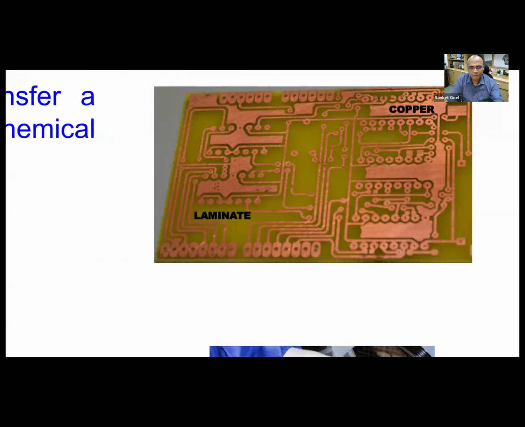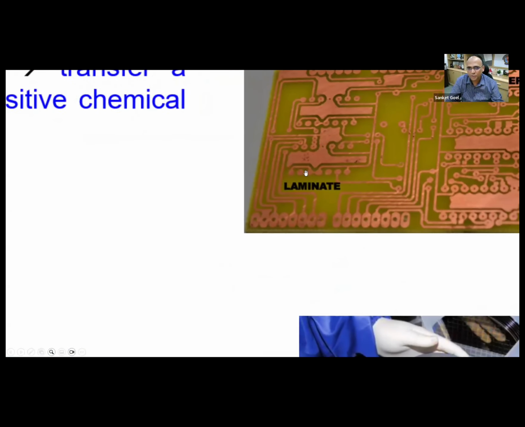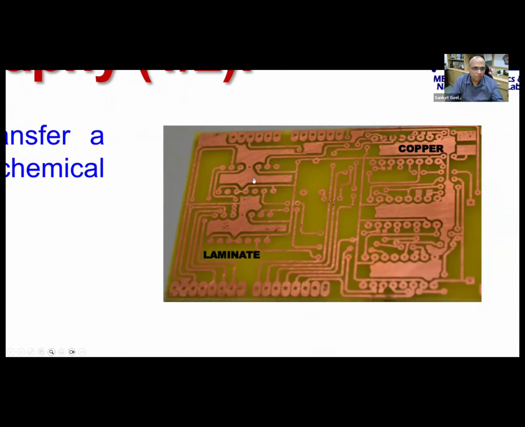Wherever UV light goes, it becomes more stubborn and you cannot really remove the photoresist. And wherever UV light does not go, it becomes less stubborn and you can remove the photoresist. So essentially, UV light is not going to all these places where you don't see copper, and UV light would have gone to these copper places.